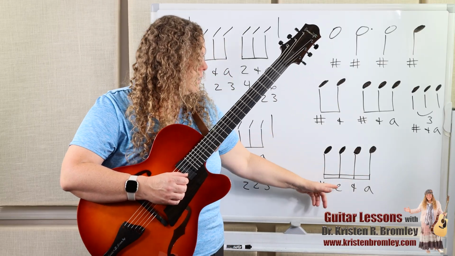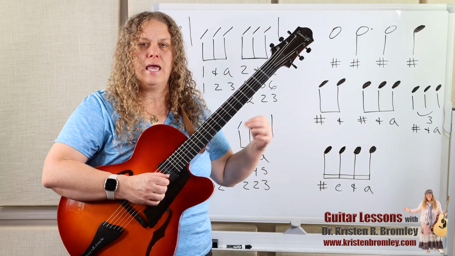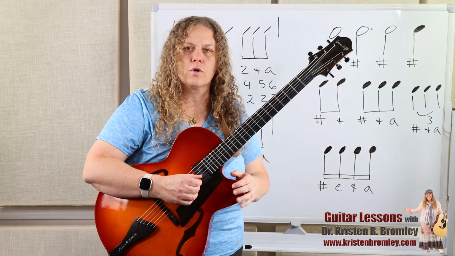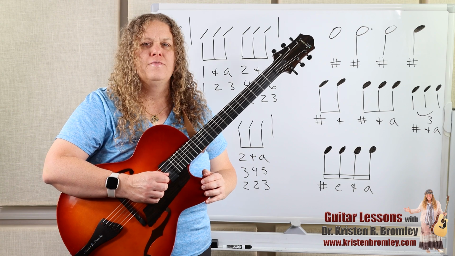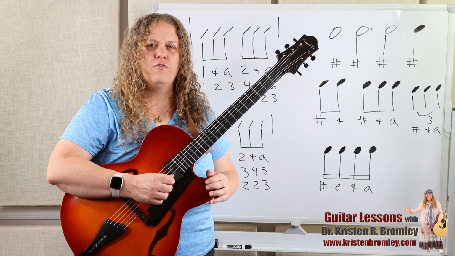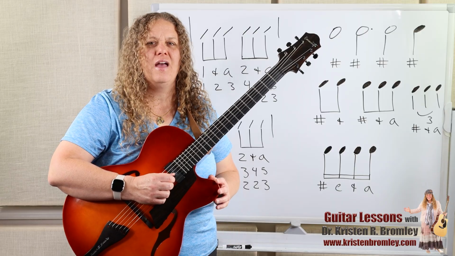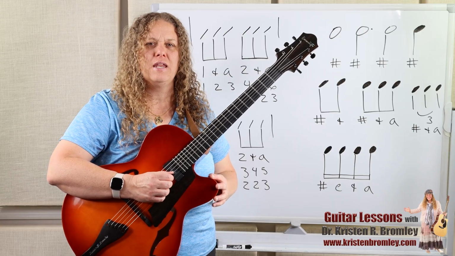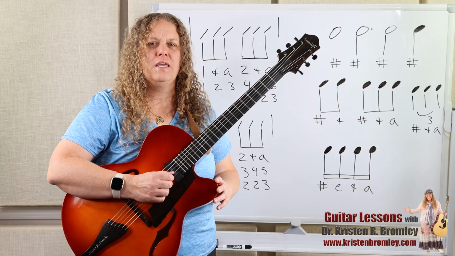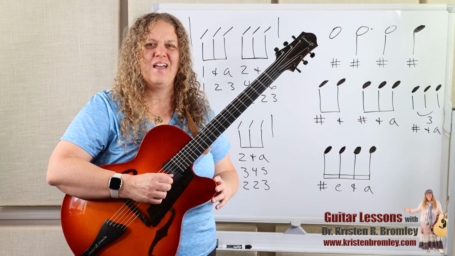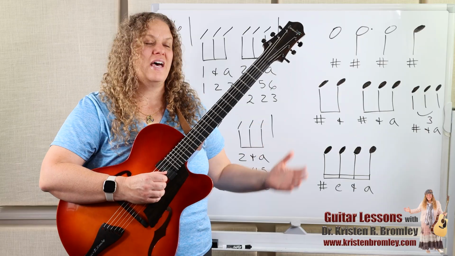So 1 E and 2 E and. So if I had quarter notes, I have 1, 2, 3, 4. If I have eighth notes, 1 and 2 and 3 and 4 and. And if I have 16th notes, 1 E and 2 E and 3 E and 4 E and. So that's how that works.